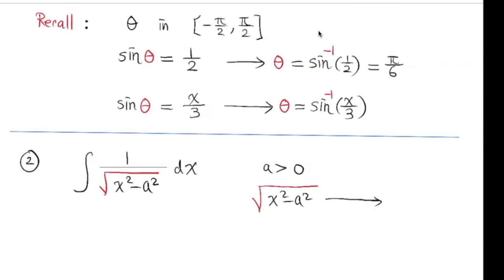So what are you going to let x equal to? Now remember, try to think about this x squared here as a square, minus the a squared here. Let's put this corresponding to the 1, or 1 squared.